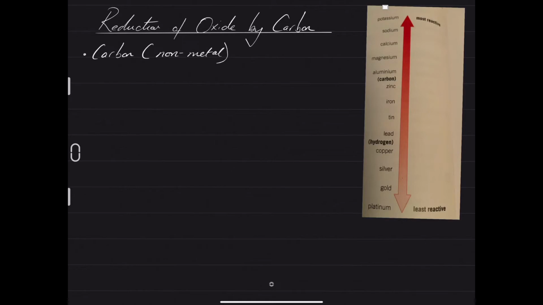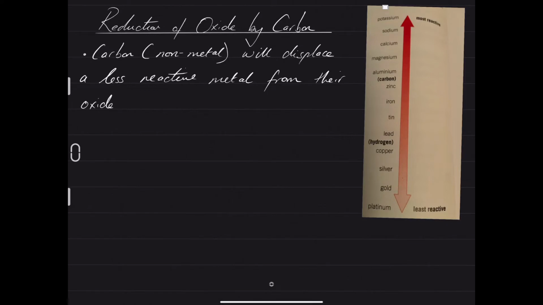Carbon, being a non-metal, will displace a less reactive metal from their oxides. Okay, from their oxides. So carbon, a non-metal, will displace a less reactive metal from their oxides. And the metals that we have are zinc, iron, tin, lead, and copper.